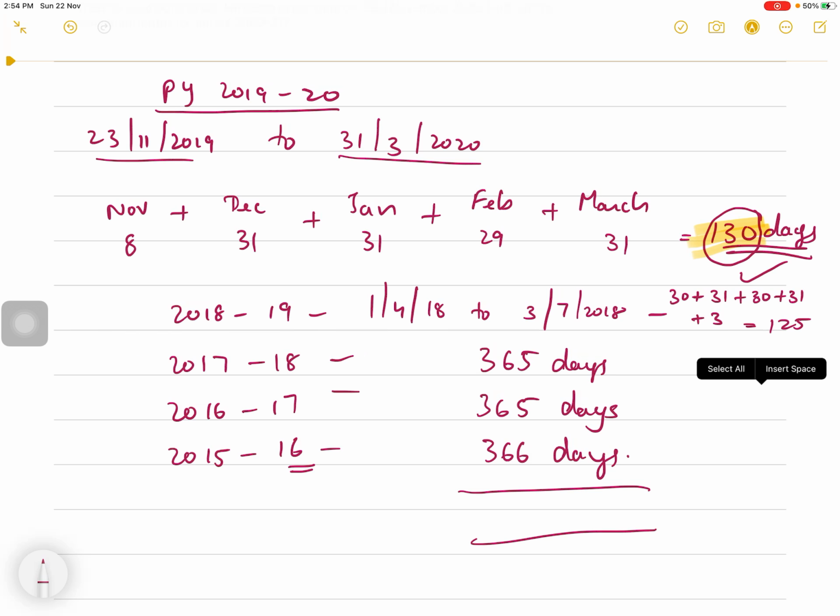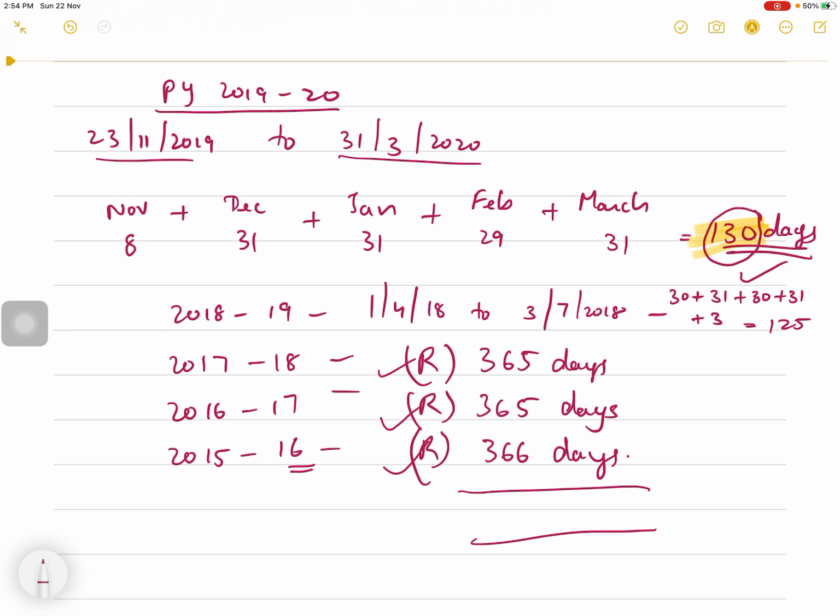So now, if you see, during the previous years 17-18, 16-17 and 15-16, he was there in India for the whole year. That means he was resident, resident and resident. That means out of 10 years preceding the previous year, more than 2 years he was resident. So minimum at least 2 years he has to be resident.